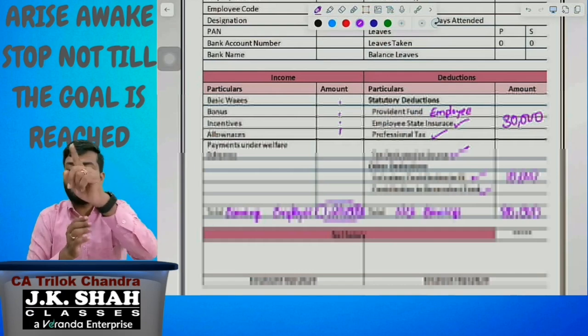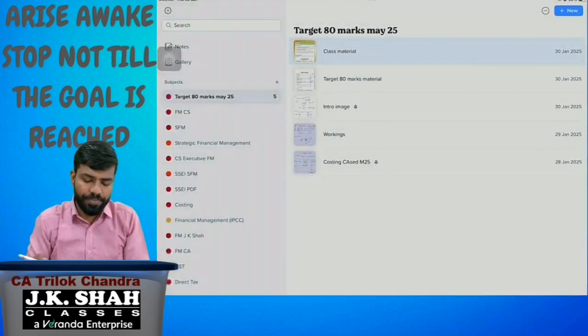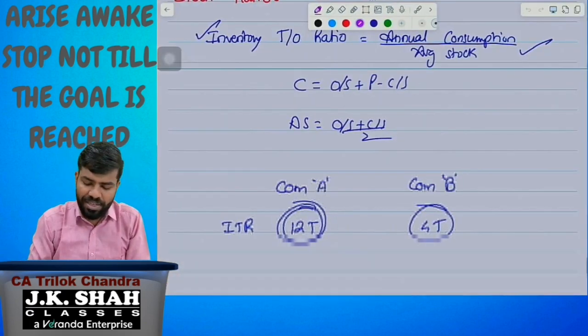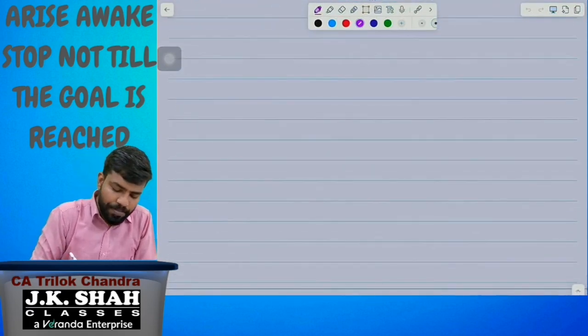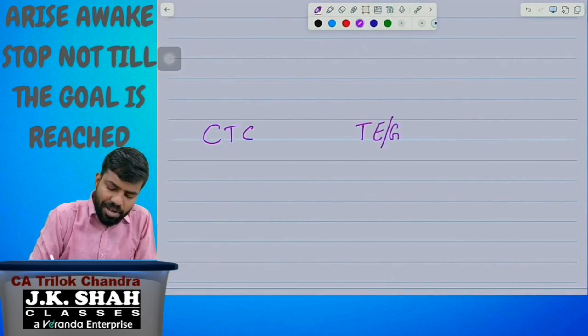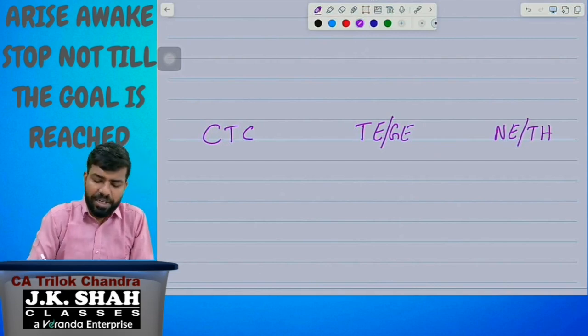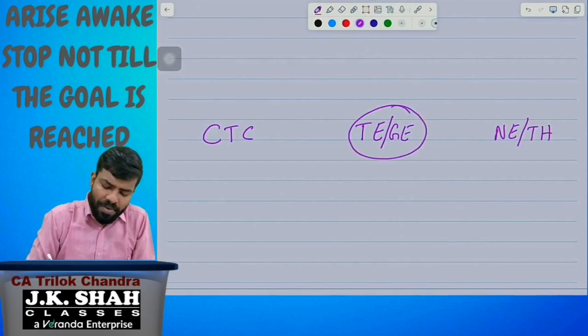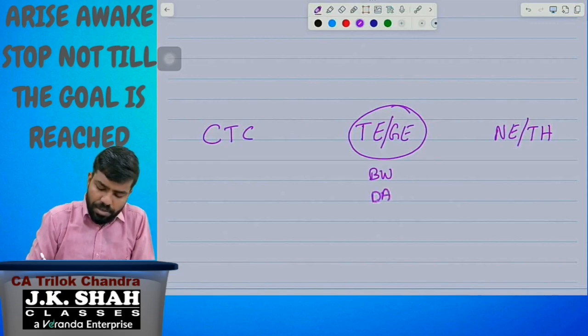Now you need to understand one more factor called CTC. Let us understand this. See here, there are three factors. Number one, CTC. Number two, total earnings or gross earnings. Number three, net earnings or take home. As I told you, total earnings is the sum of basic wages, DNS allowances, bonus, incentives, and all other allowances.